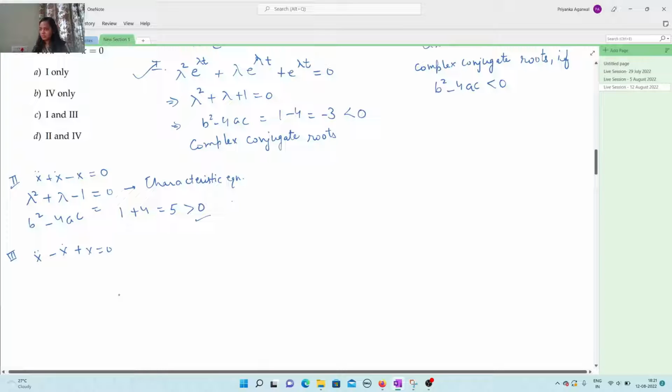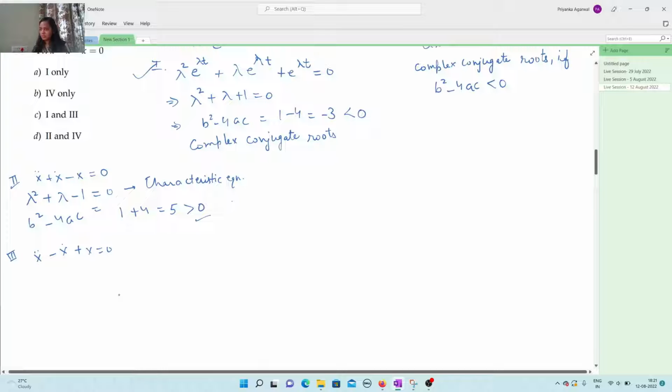Taking e to the power lambda t common, we get lambda square plus 5 lambda plus 6 equals to 0. Now this is the quadratic equation in lambda which we have to solve.